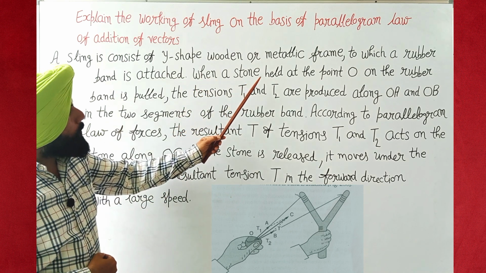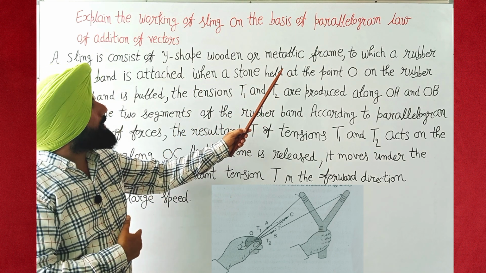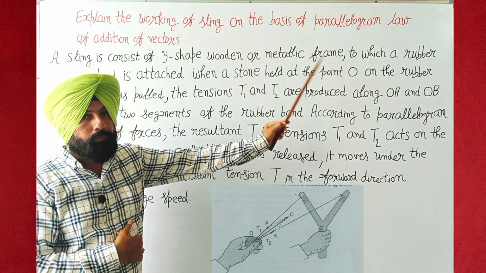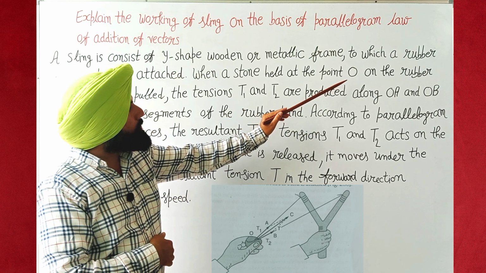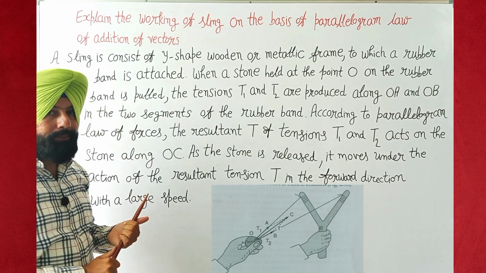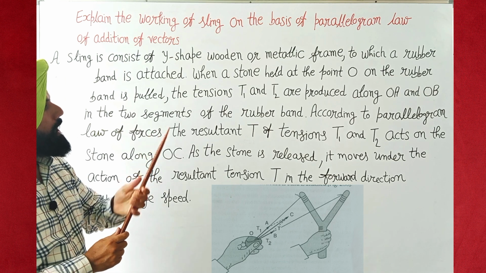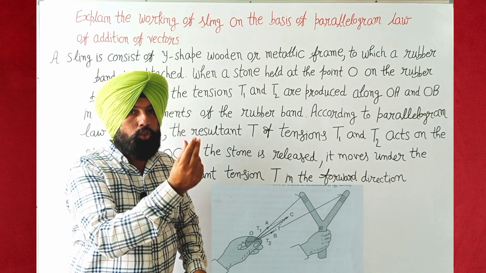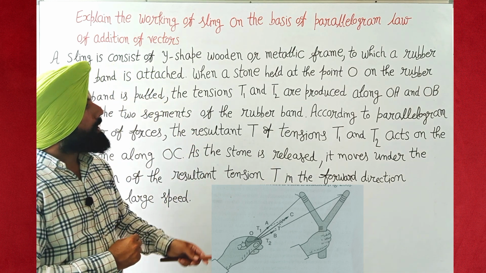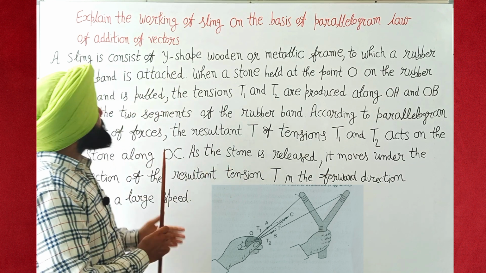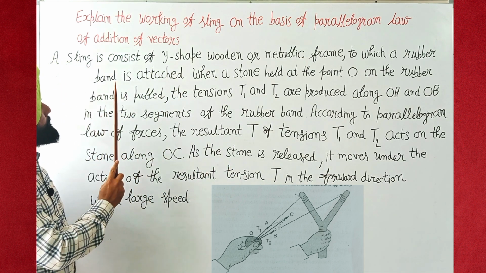When a stone is held at a point, say point O, which point is O? On the rubber band. I give the name O to the point where the stone is kept in between the rubber band.